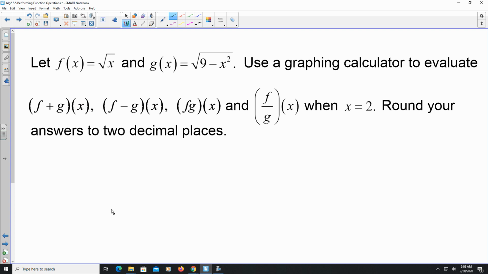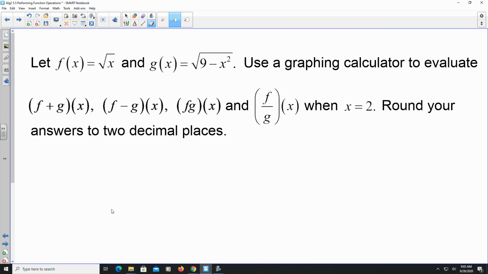So this one here, with your graphing calculators, again, I'm not saying that you'd have to use a graphing calculator per se, but you can still solve these for sure.